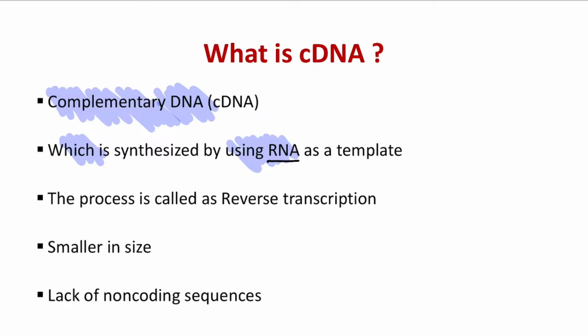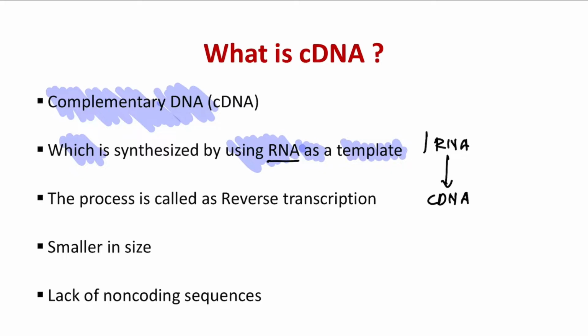What is actually cDNA? So cDNA is nothing but just a complementary DNA, and the cDNA is synthesized by using RNA as a template. So basically, here we don't need any type of DNA to prepare the complementary DNA. Here we just need an RNA molecule, which can be converted into the cDNA, which is complementary to the particular RNA.